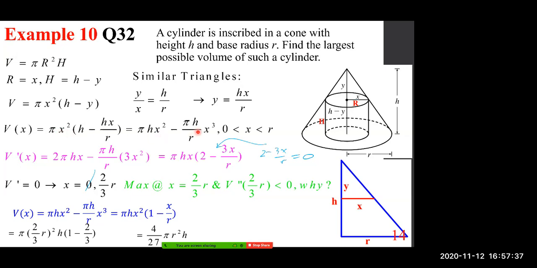If you factor it this way, you can replace the x accordingly and show that it becomes 4 over 27 pi r squared h. I'm assuming everybody can do that. These are all algebraic steps. I have the answer for you; the intermediate steps are missing.